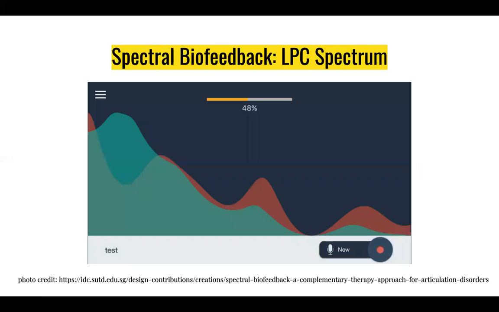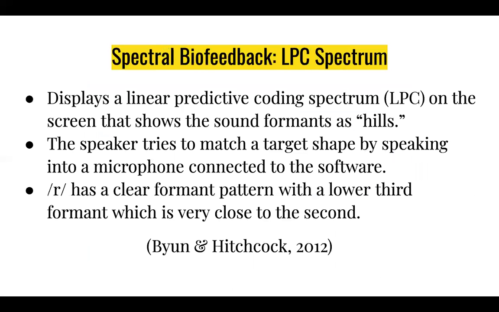Here we go, spectral biofeedback. We're getting to the more available techniques. Spectral biofeedback is going to show you an image like the one in this picture that is called a linear predictive coding spectrum. You're going to see the formants of the sound as hills.